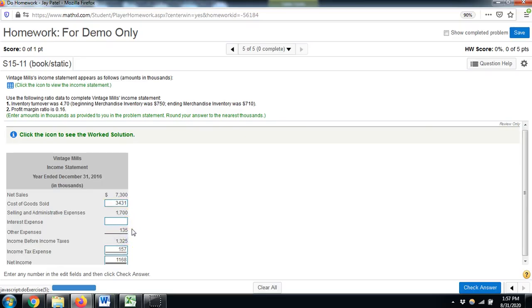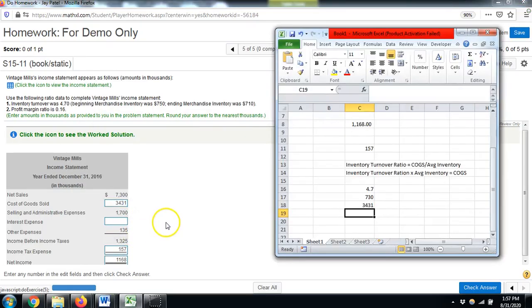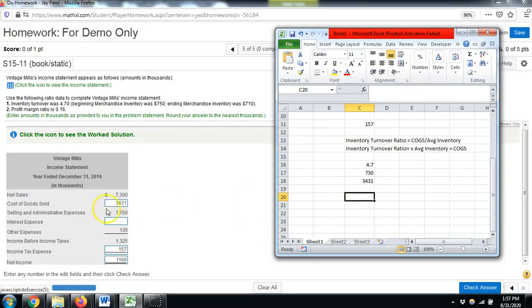Okay, so now we can do some basic algebra to figure out what this interest expense is, because we know all these numbers, including this side of the equation, income before income tax. And so let's see what we need to do. It's basically net sales minus all your expenses equals this income before taxes.